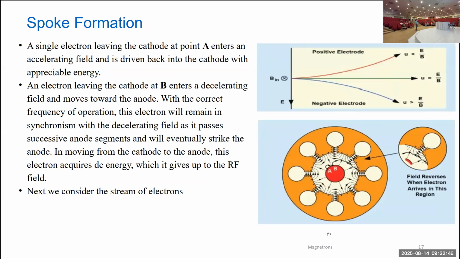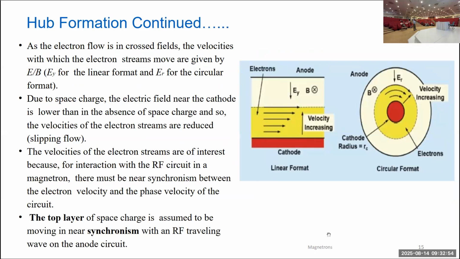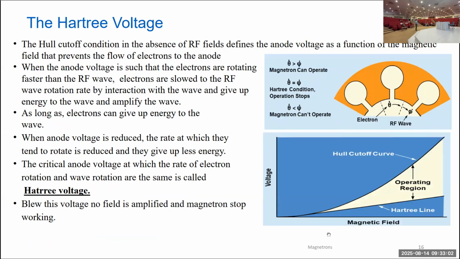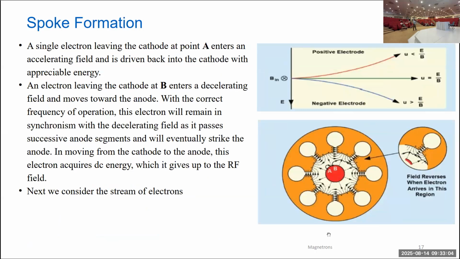Now there is another concept which is called spoke. What is a spoke? We have seen that there is a cloud of electrons revolving around the cathode. First of all, we consider the individual behavior of an electron.